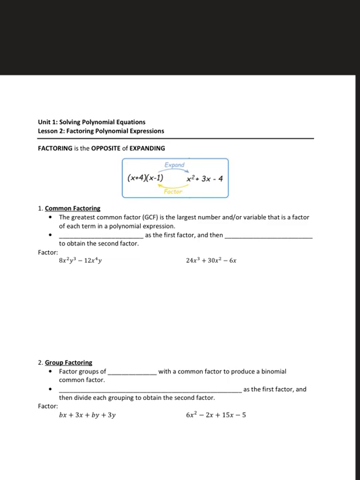So just some things to remember about factoring. Factoring is the opposite of expanding. When we factor, we're basically undoing any expanding that we already did. If you think about opposite operations like multiplication and division or addition and subtraction, they're opposites of each other.